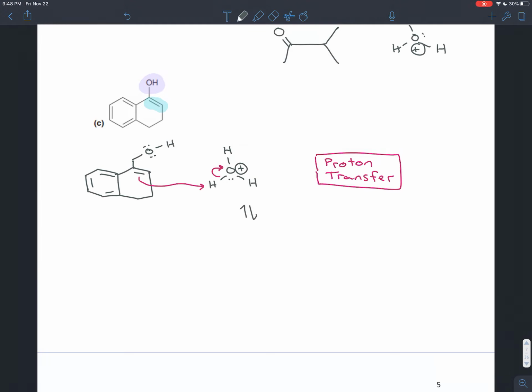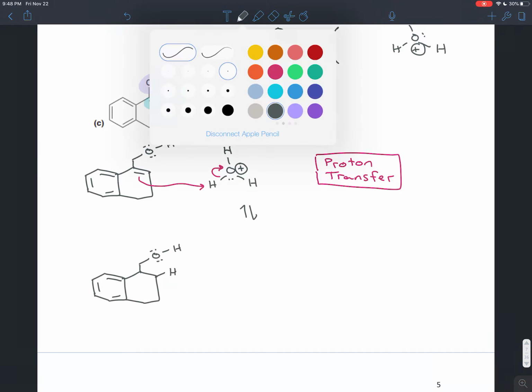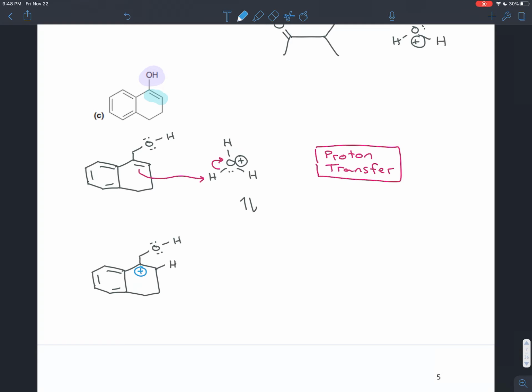So, what you get after that step is the hydrogen adding on the less substituted carbon. And it adds on the less substituted carbon so that you would get the carbocation on the more substituted carbon, on the more stable carbon, the carbon that can borrow electrons from more carbons nearby.